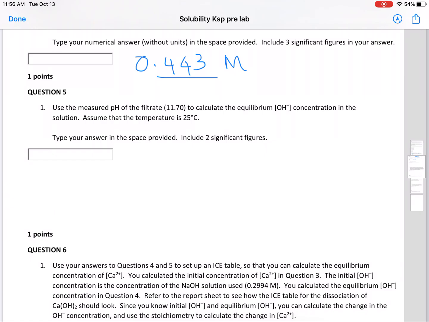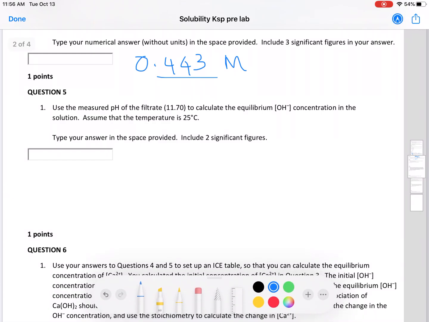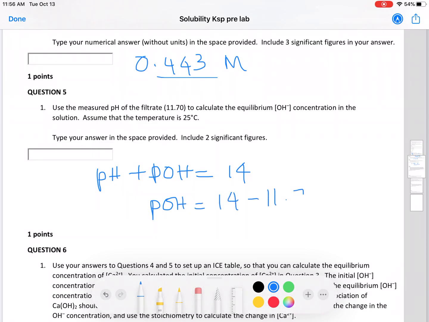Now we are given the pH. We want to find out the hydroxide concentration. How do you do that? Remember, pH plus pOH equals 14. So then the pOH would be 14 minus 11.70. That is going to be 2.30. That's the pOH.